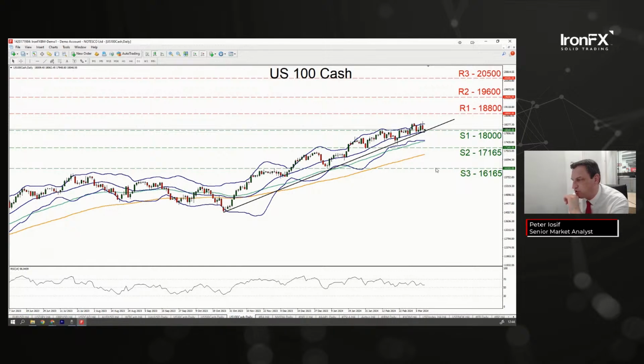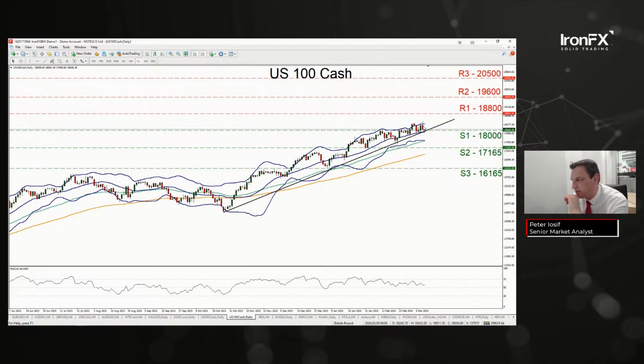For a full bearish outlook, I would expect the price action to drop, breach the pre-mentioned upward trend line, breach the 18,000 support line, aim, if not breach, the 17,165. Given the low volatility of the index currently, for such a scenario to materialize, i.e. to reach the S2, that could require about 4 to 5 days once again. Once again though, the base scenario remains for the bulls to maintain control.